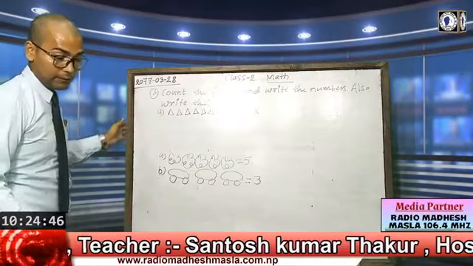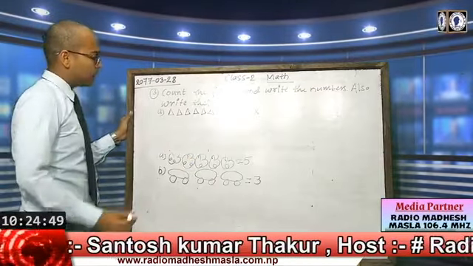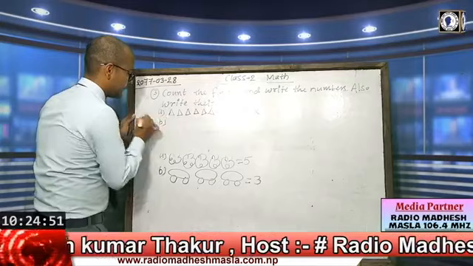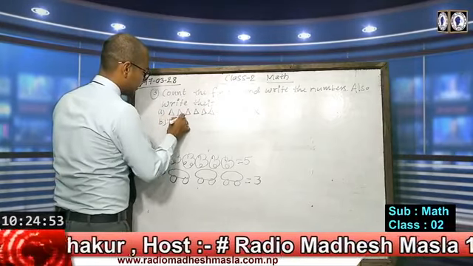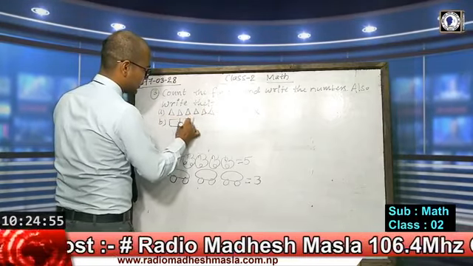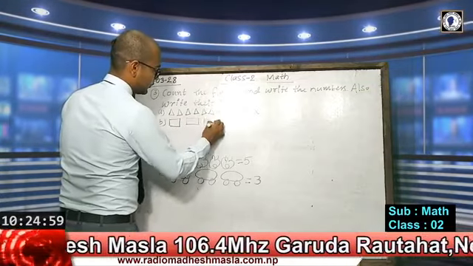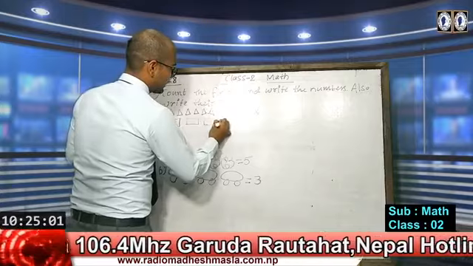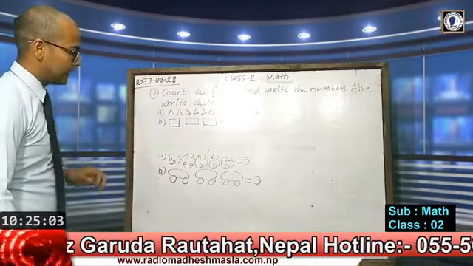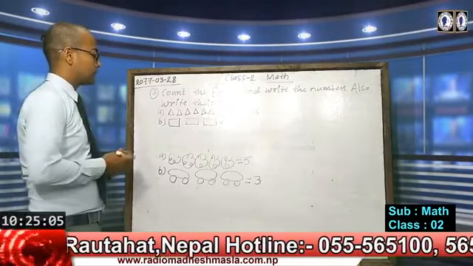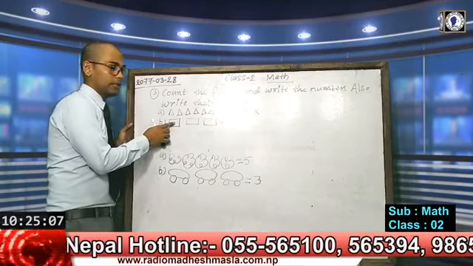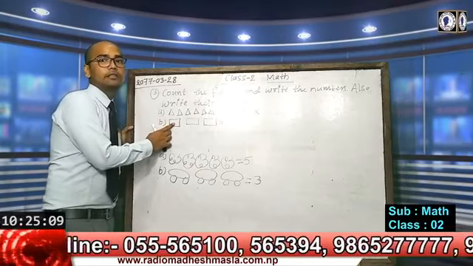Then suppose in question B there are given 1 rectangle, 2 rectangles, 3 rectangles. How many rectangles are there? First we have to count the number of figures.